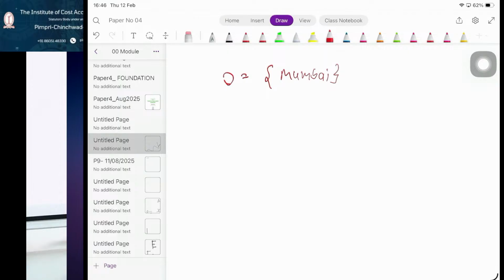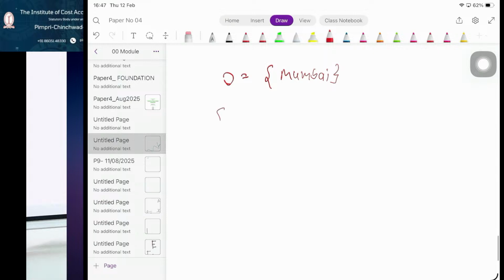When that particular set contains only a single value, that set is named as singleton set. The set which is not containing any member, any element, is named as empty set. Empty set, singleton set.